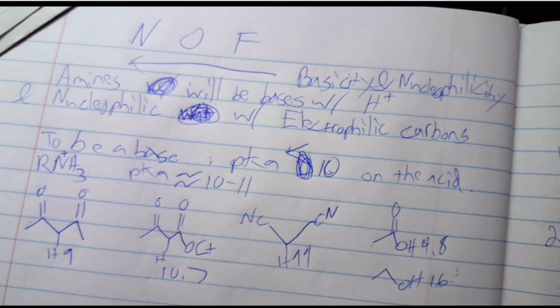Basically, any factor that will increase the electron density on nitrogen will increase the basicity of nitrogen, and vice versa. So any electron donating groups on the nitrogen mean it's going to be more basic. Any electron withdrawing groups are going to make it less basic.